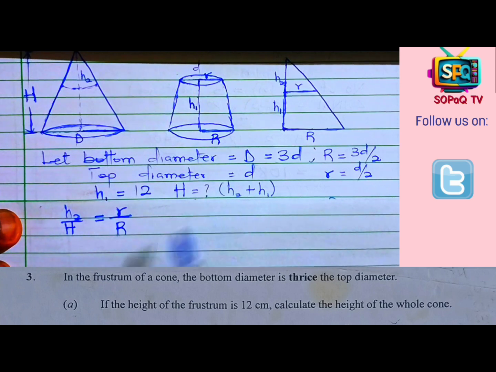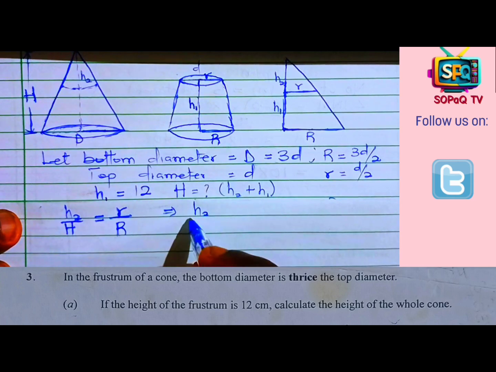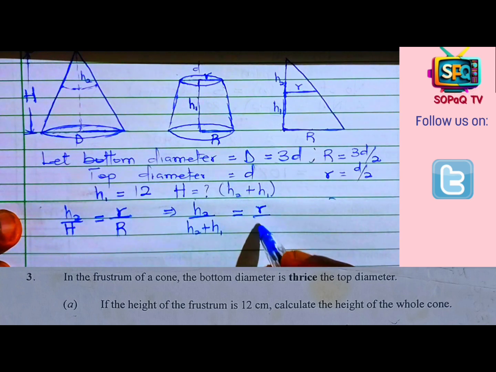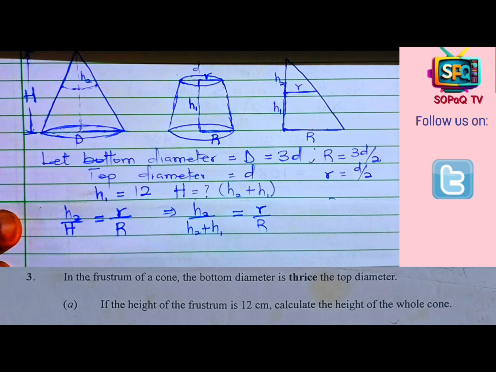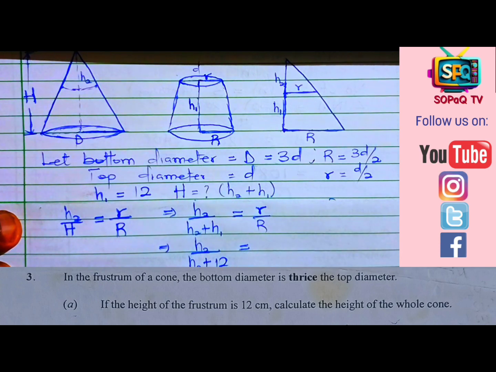Our H can be expanded as, so let's rewrite this statement as H2 all on H2 plus H1 equals small letter r on capital letter R. So by so doing, when we substitute, we are going to maintain our H2 since we don't know, all on H2 plus the H1 that was given as 12, which is equal to our small r and capital R dividing.